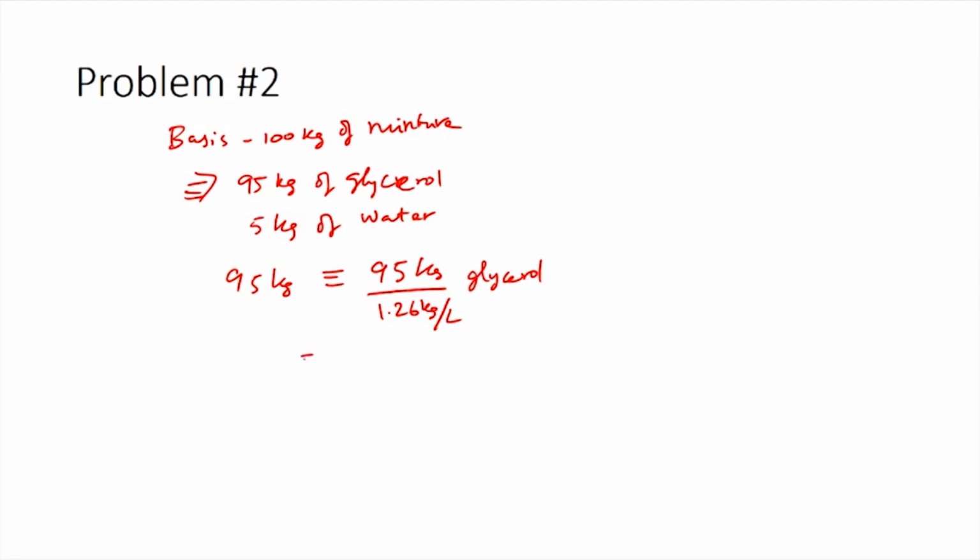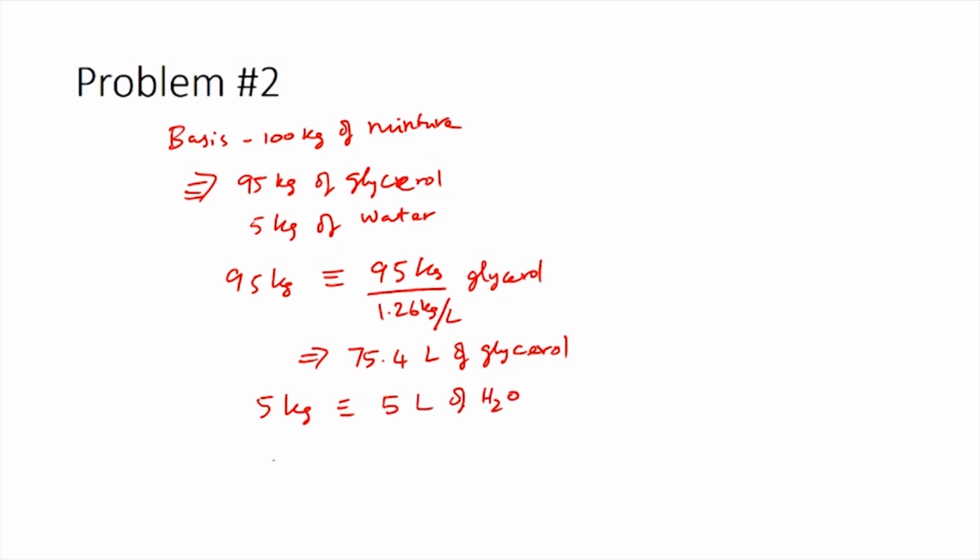So, this value would be equal to 75.4 liters of glycerol. What this means is 75.4 liters of glycerol would weigh 95 kilograms. Similarly, 5 kilograms of water would occupy a volume of 5 liters of water.